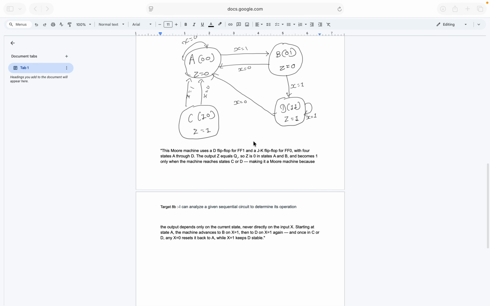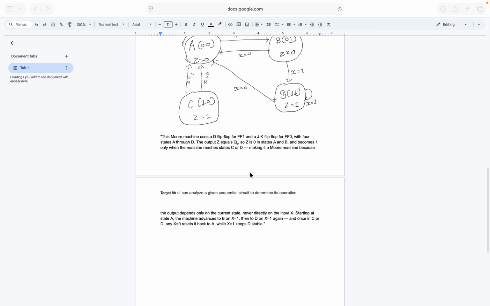I have written some summary over here. This Moore machine uses a D flip-flop for FF1 and a JK flip-flop for FF0, with four states A through D. The output Z equals Q1.